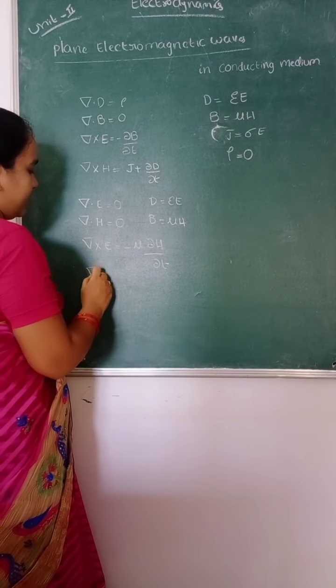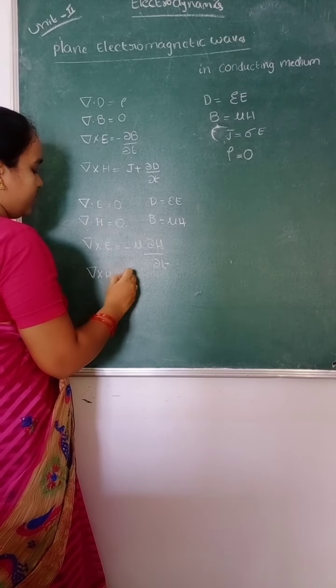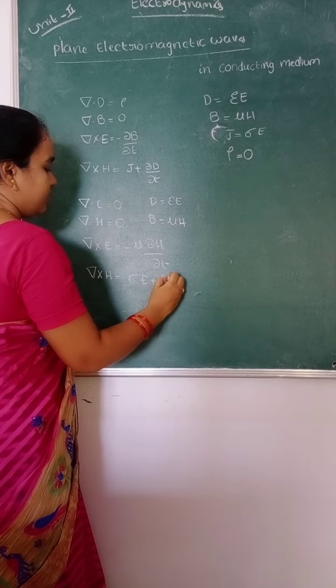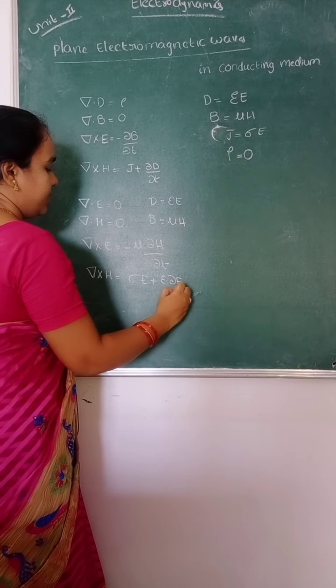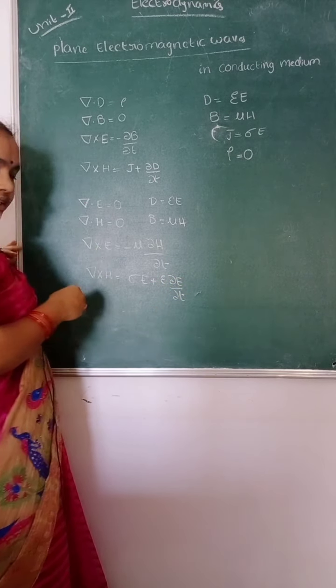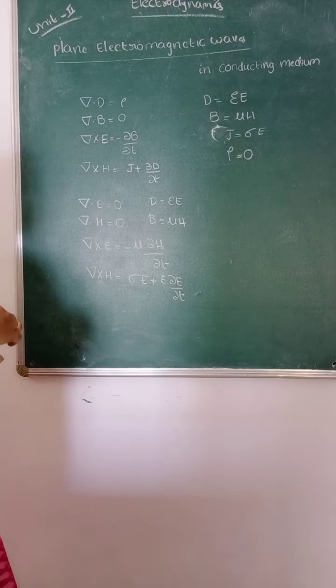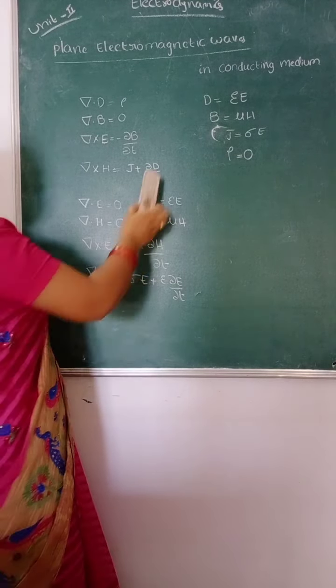And del cross H is equal to sigma E plus epsilon dou E by dou t. So these are the four electromagnetic wave Maxwell's equations in conducting media.